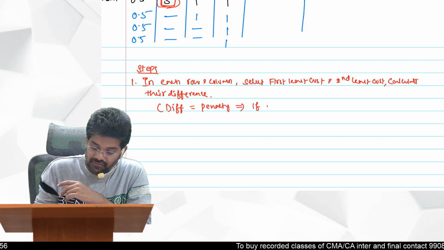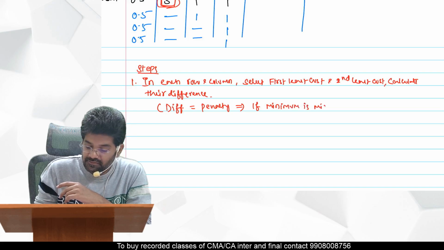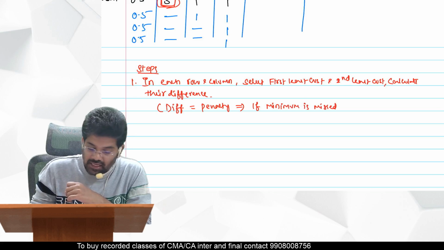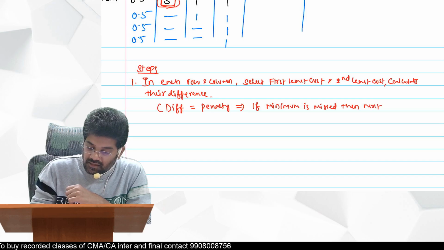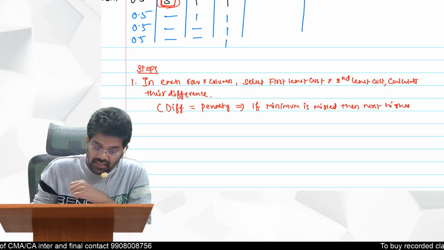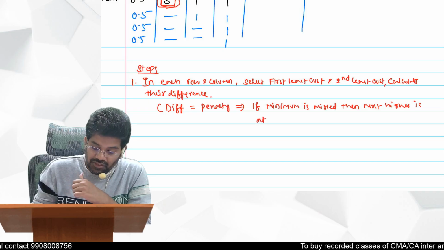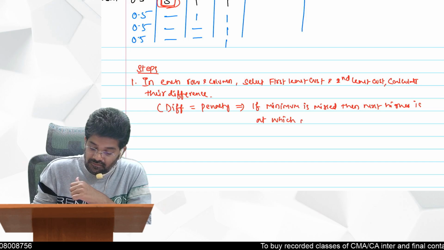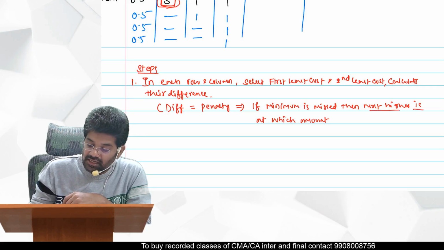If the minimum is missed, then the next higher is at which amount?